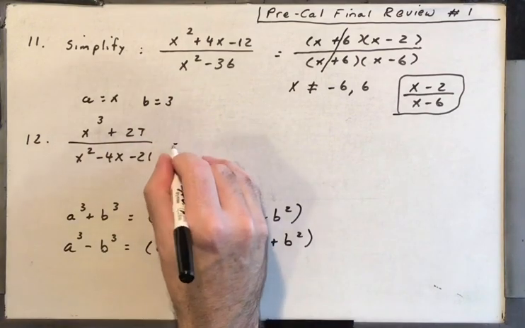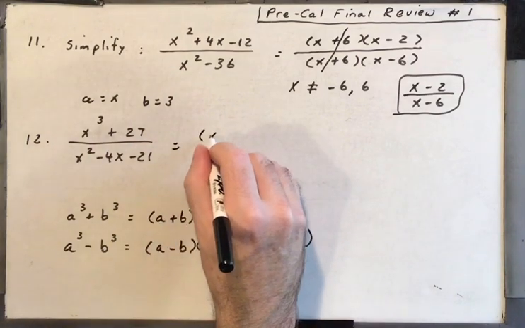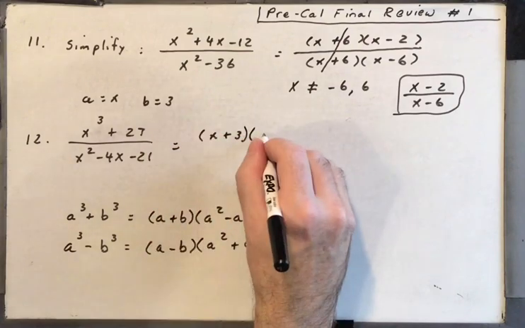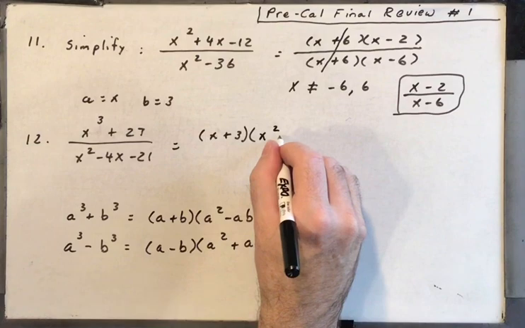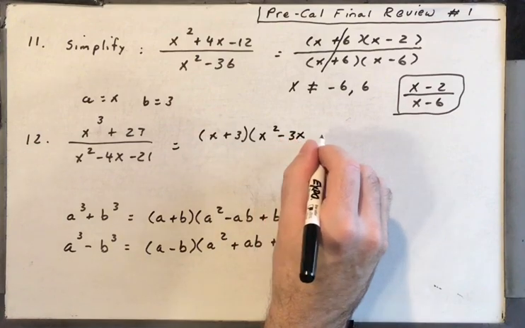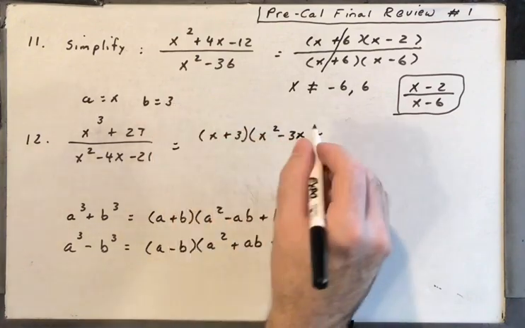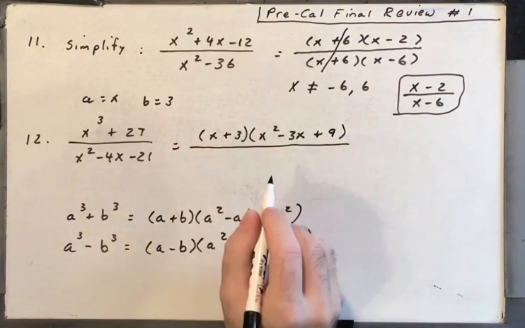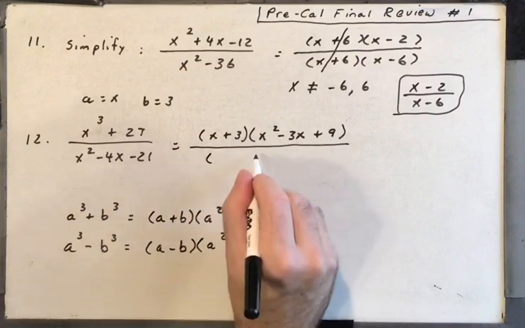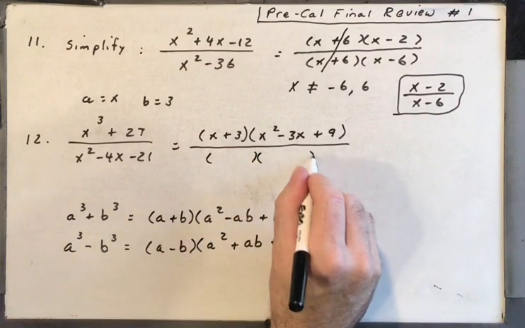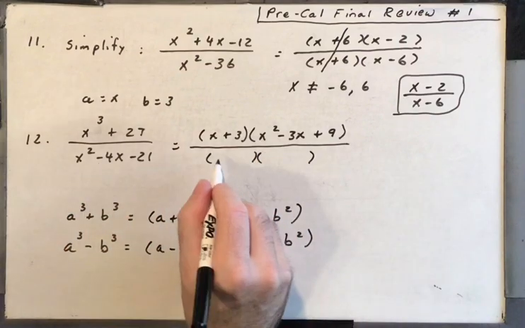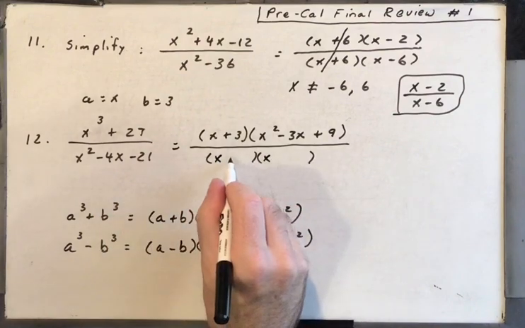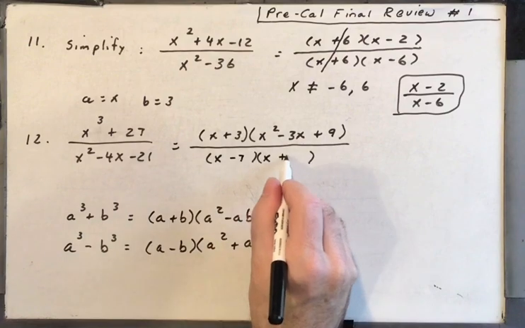So let's factor this. This will factor into x plus 3 times x squared minus 3x plus b squared is 9. And then on the bottom, this is just your garden variety trinomial. So we'd have x, and then I think minus 7 plus 3 would work.